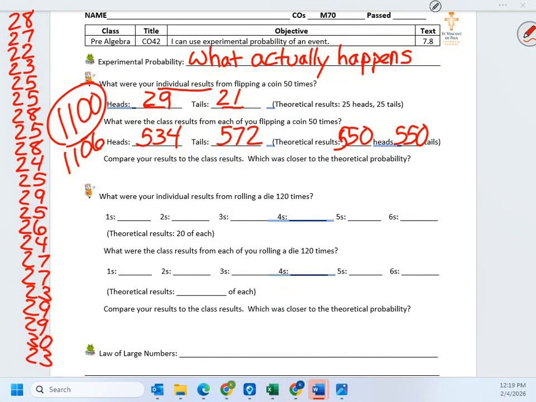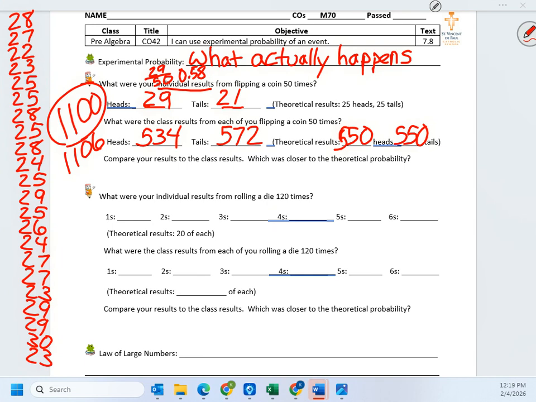How do we figure out your probability, which is closer, the experimental or your theoretical? You divide them. So 29 divided by 50, what was that? What's 29 divided by 50? 0.85 or 0.58. 0.58. Okay, so if you had 29 heads, that would be 0.58.